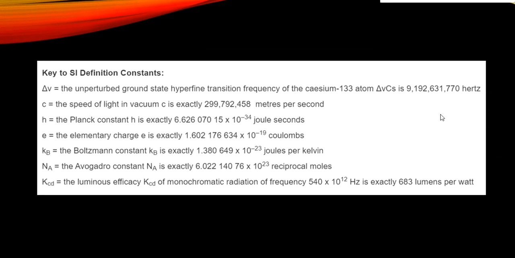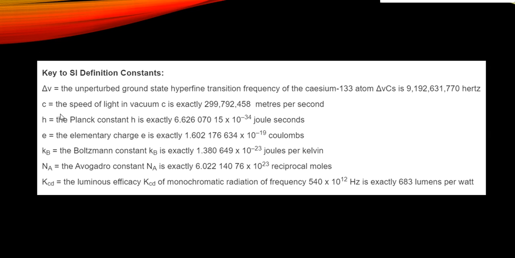After that, the key SI definition constants. I have only put this here to tell you about some of the constants and variables that we mostly don't know about. Delta v is the ground state hyperfine transition frequency of the cesium.